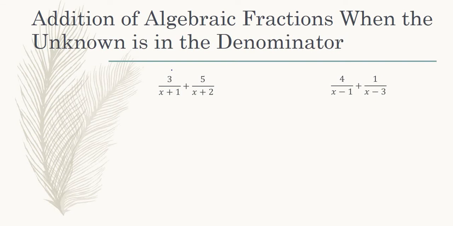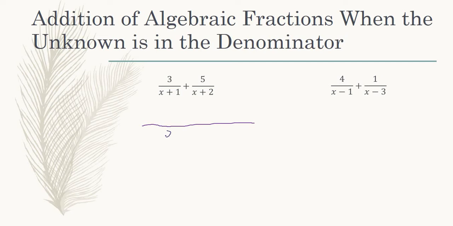For our next question, we have 3 all over x plus 1 plus 5 all over x plus 2. Now for this one, we need a common denominator, just the same. But to get the common denominator, we're going to write these two denominators as a product.